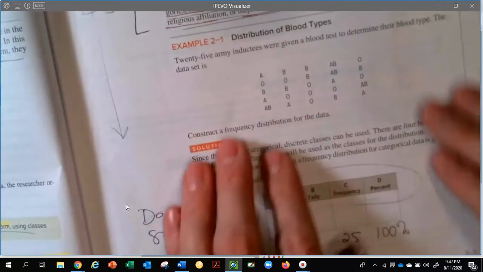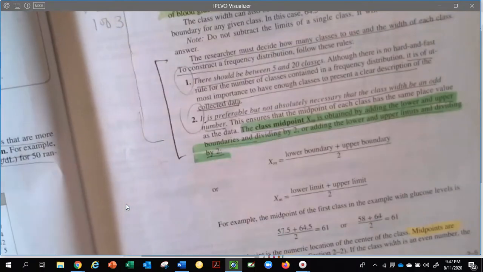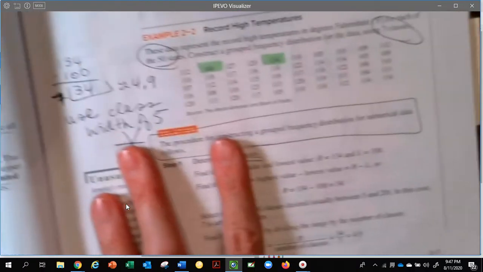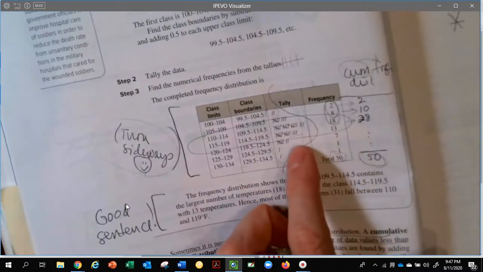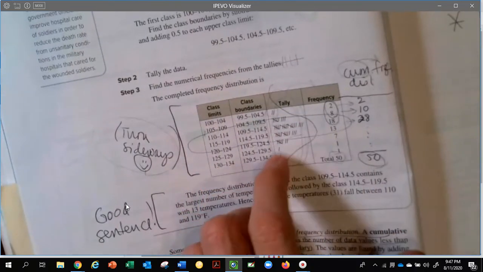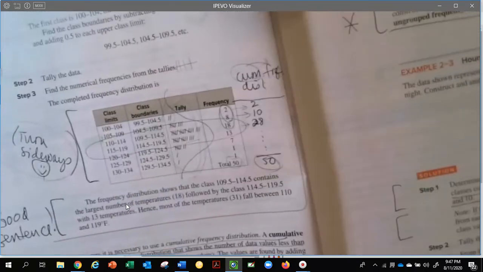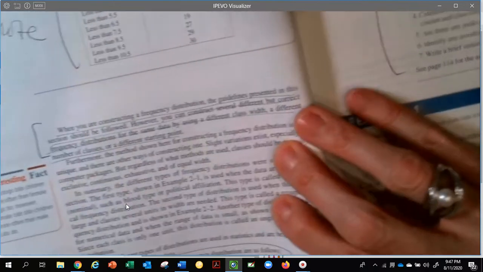Like here are a whole bunch of letters. They don't mean much. They're not organized. And then here, a whole bunch of numbers. They're not organized. But as soon as you get them to a table, you can start talking about which ones are the highest, which ones are the lowest. Oh, look, it kind of looks like a normal curve. It gives you some order.